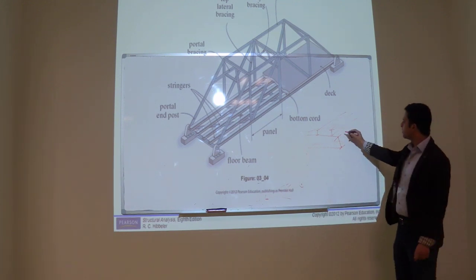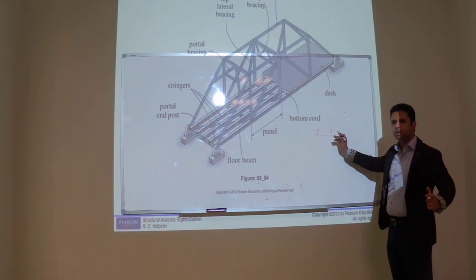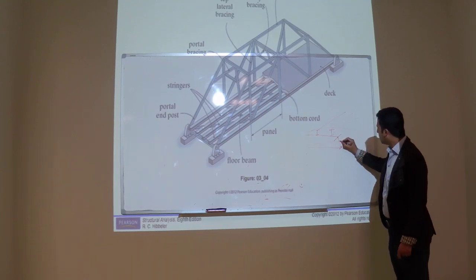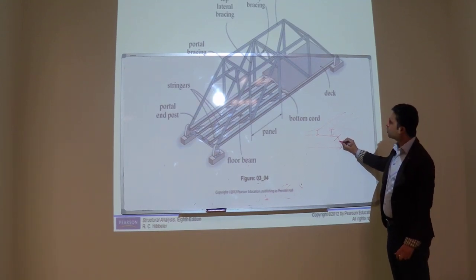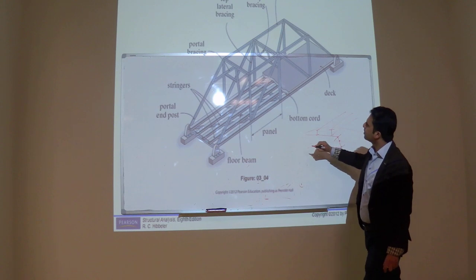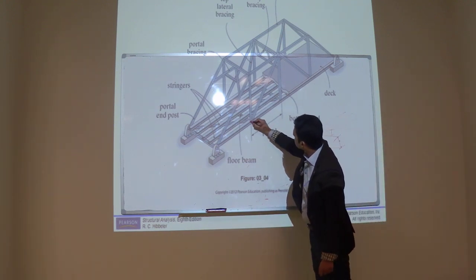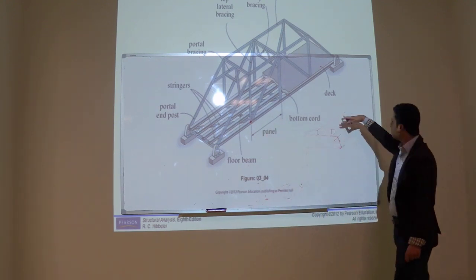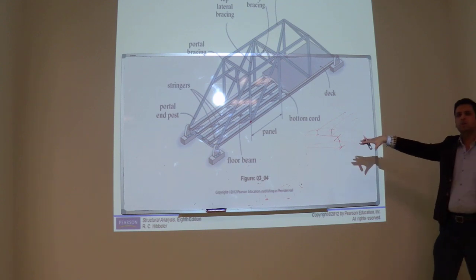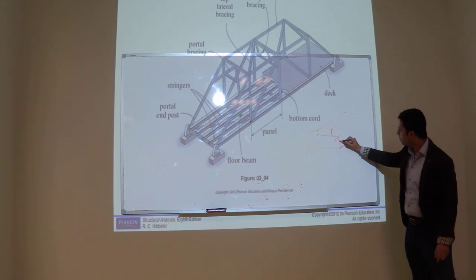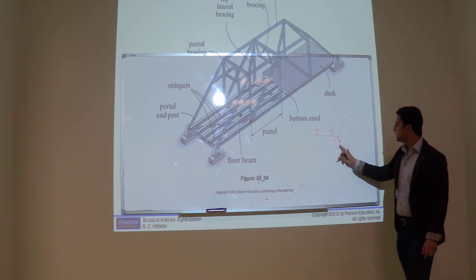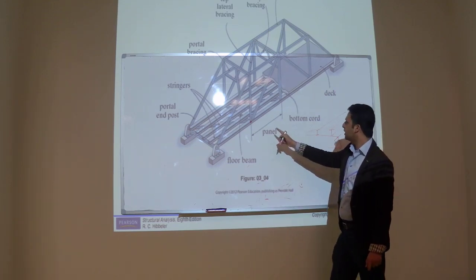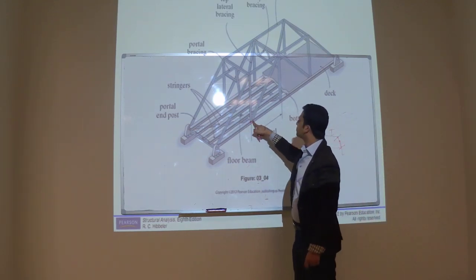These stringer beams are resting on the floor beam, the bigger beam. And this floor beam is connected at this point. So all the load of the bridge is going to the floor beam, and from this floor beam, at these 2 points, we have connected the floor beam to the truss.